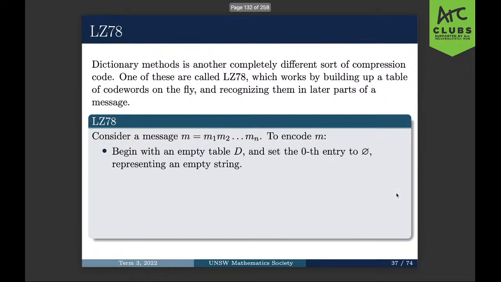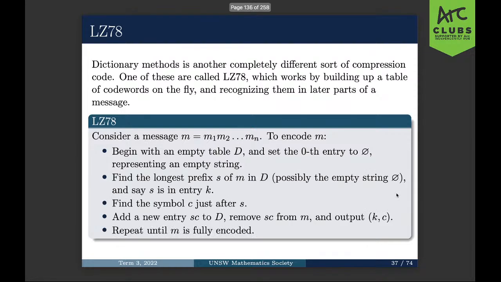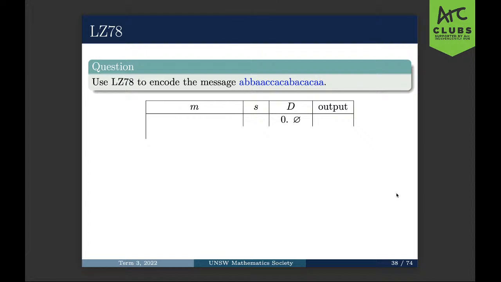And here we go. That's going to be some text. You can read that later. I'll show you how to do it. So let's say we wanted to use LZ78 to encode this ABB, AACC, ACA, BAC, ACAA message.